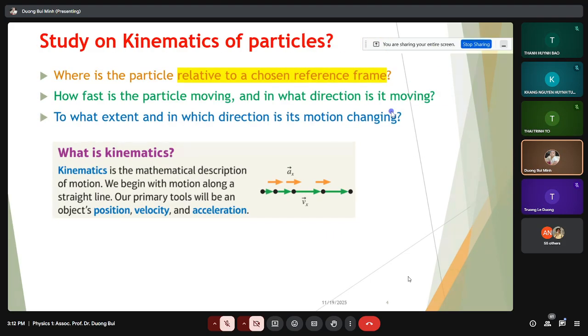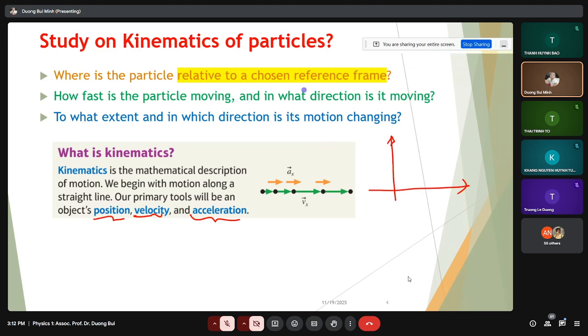Here, where is the particle relative to a chosen reference frame? Remember that when we analyze any motion, position or velocity or acceleration, you need to use a reference axis, or we say reference frame. Normally we choose the x-y coordinate to become the reference frame.